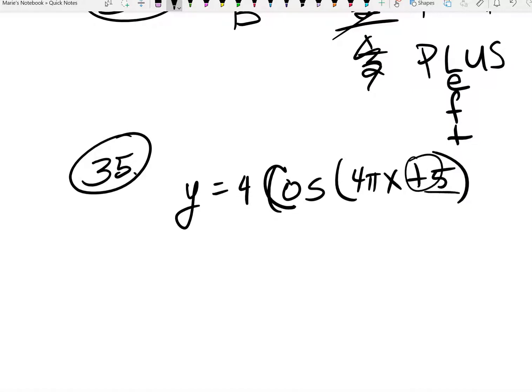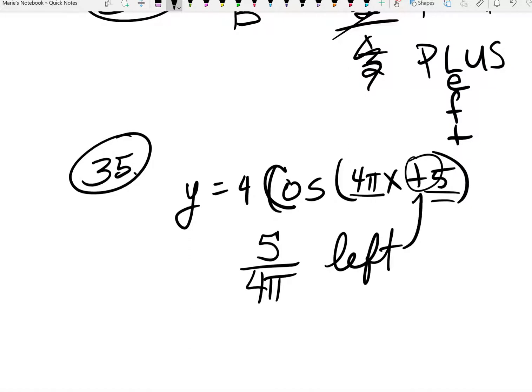Okay, so phase shift is 5 over the B term, 4 pi to the left, because it's a plus.